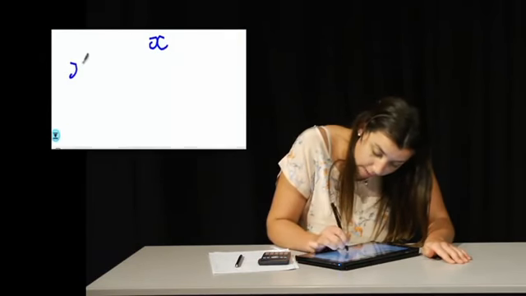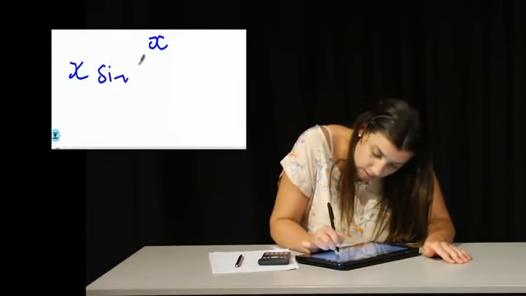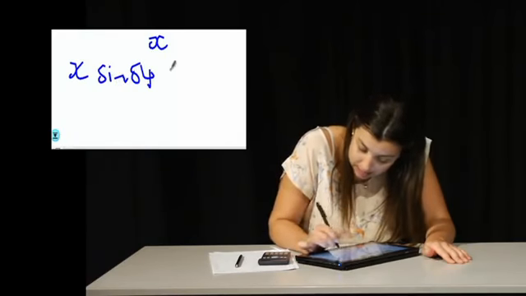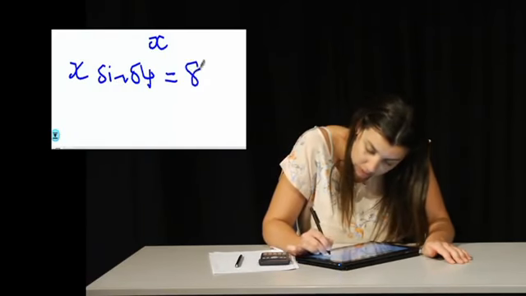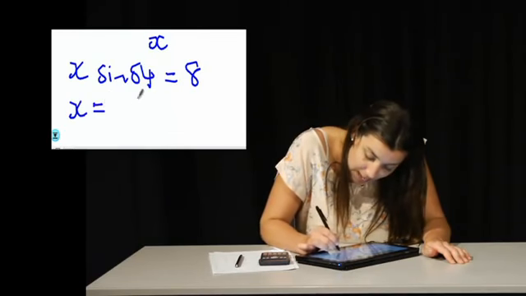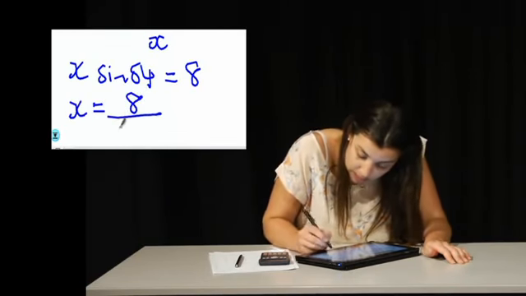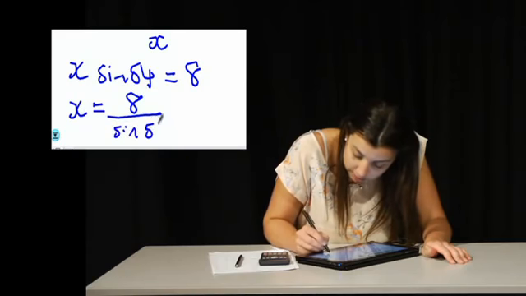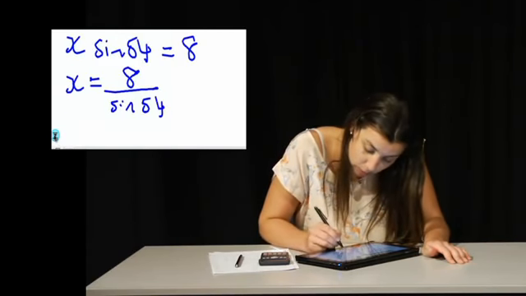Rearranging, we then have x times sin 54 equals 8. Rearrange again, we have x equals 8 divided by sin 54. Type that into your calculator.